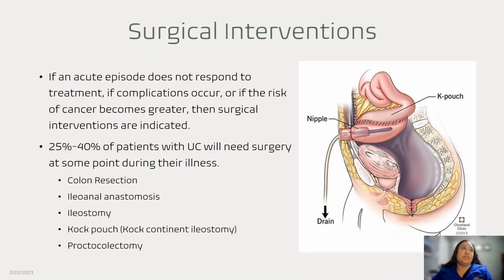Surgical interventions. If an acute episode does not respond to treatment, if complications occur, or if the risk of cancer becomes greater, then surgical interventions are indicated. 25 to 40% of patients with ulcerative colitis will need surgery at some point during their illness.